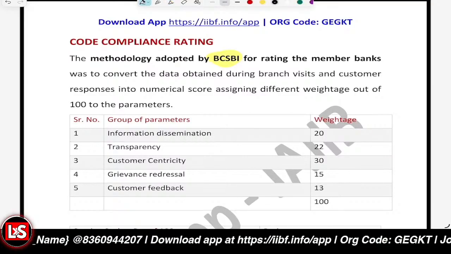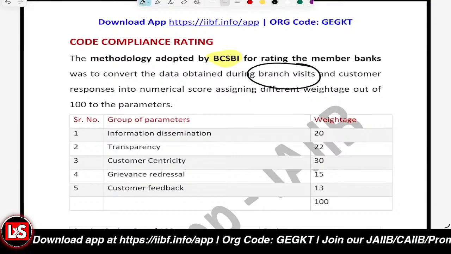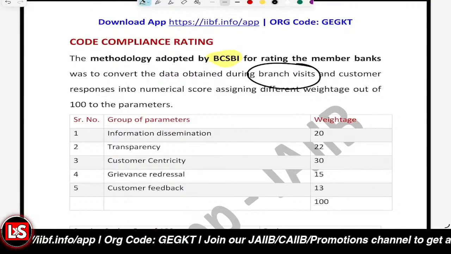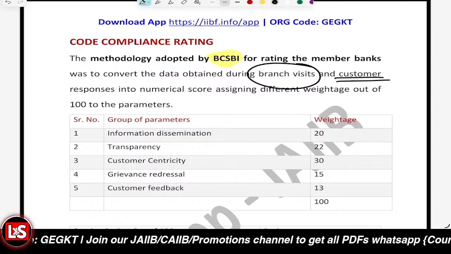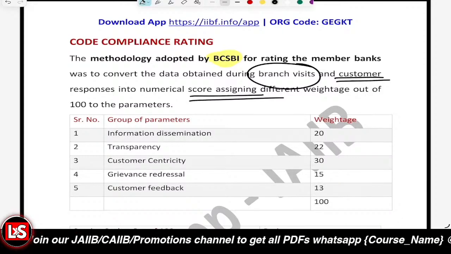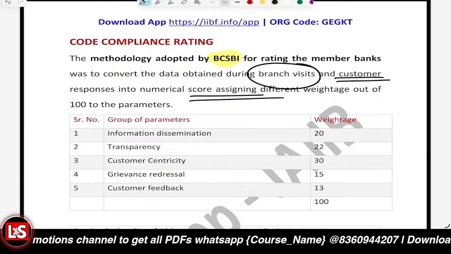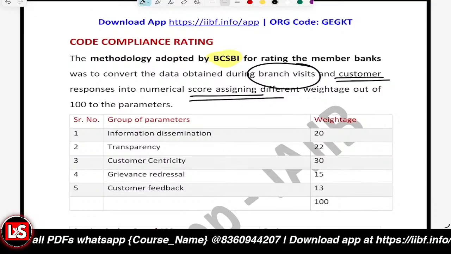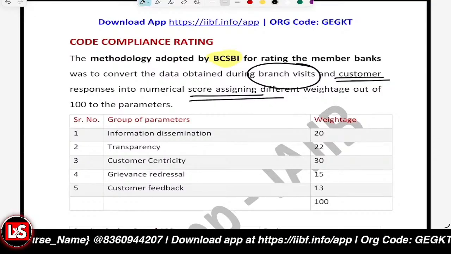And for that particular purpose, they did the branch visits, customer feedback, and service quality assessment, so as to convert observations into numerical scores, right? So the scoring was done, and different parameters were assigned.